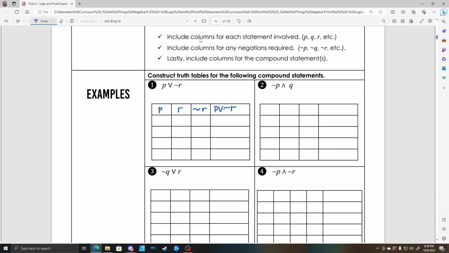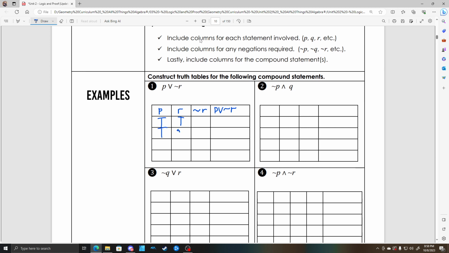So all we're doing for these first rows is talking about if it's true. So there are 4 possibilities. P can be true and R can be true. P could be true and R could be false. We could say that P is false and R is true.